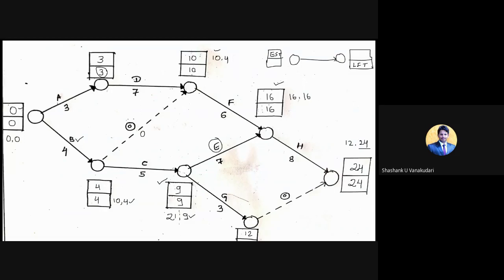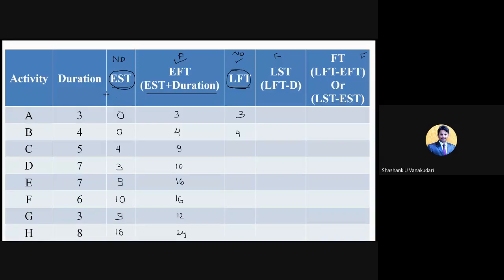For D, this value we need to consider, 10. For C it's 9, right? Yes, sir. And here this is 10. For E activity, 16. For F activity, 16. For G, 24, and at last for H, 24.